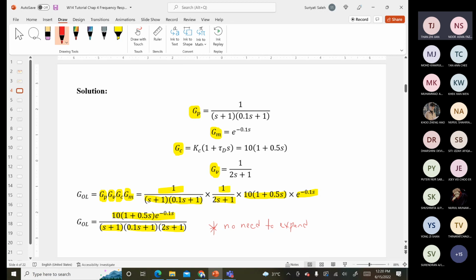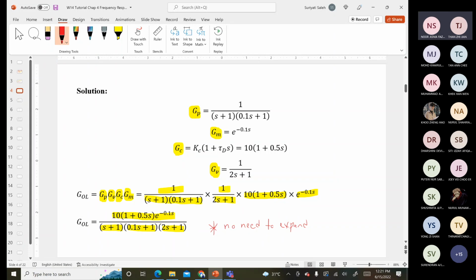What you can expand is just if you have an exact number, for example 10 multiplied by 2, 20. That one you can multiply. But in this case, we don't expand anymore. We just leave it as it is because the next step involves the transformation of S Laplace into frequency term.